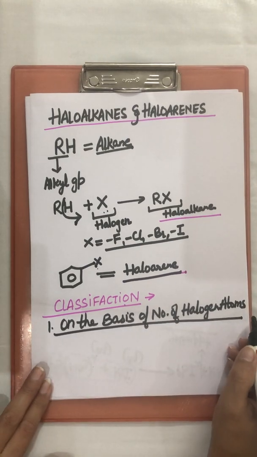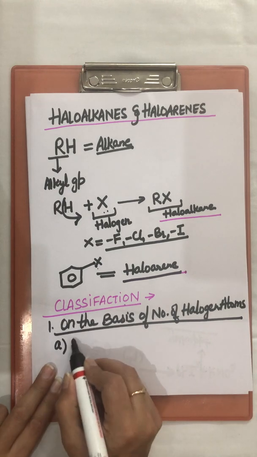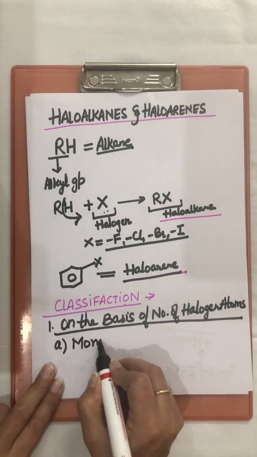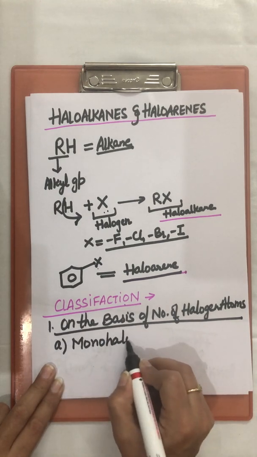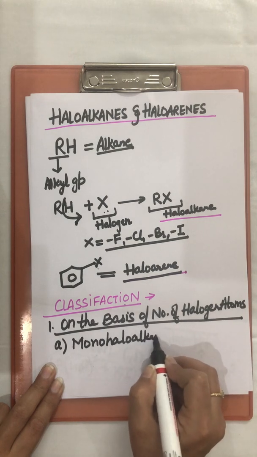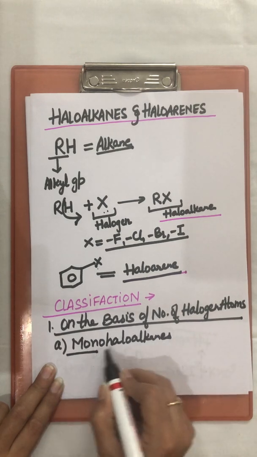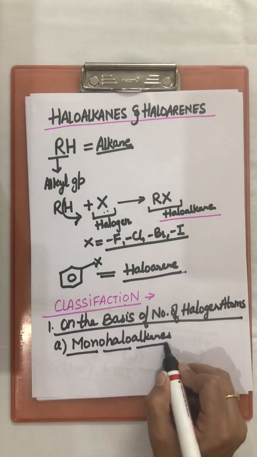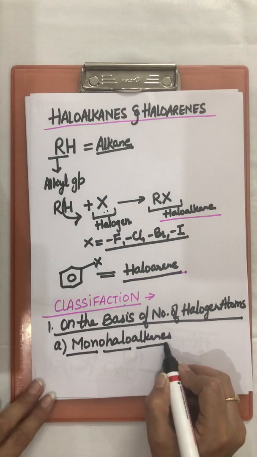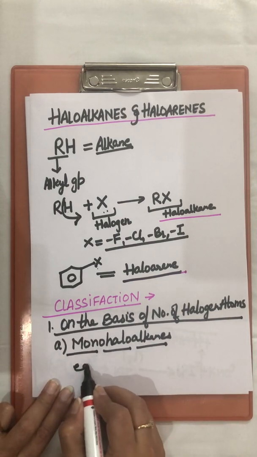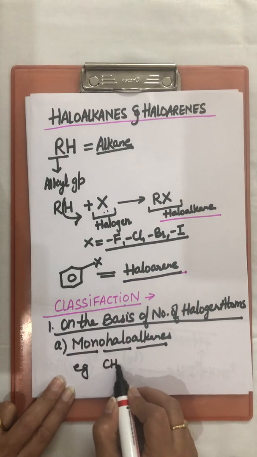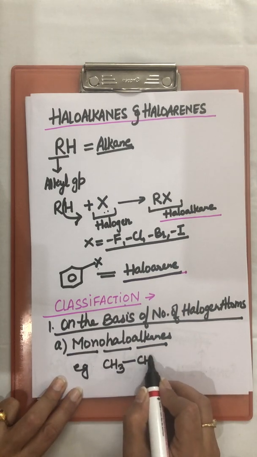On the basis of this, they are divided into monohaloalkanes. From the name itself, it is clear mono means one halogen atom in alkanes. So they have only one halogen atom. For example, this is ethane.